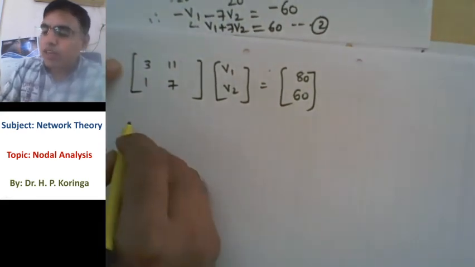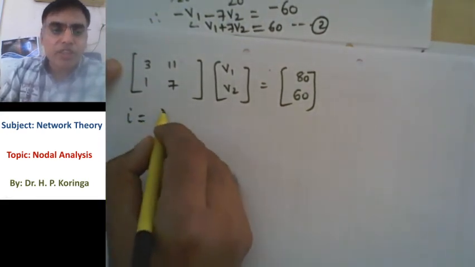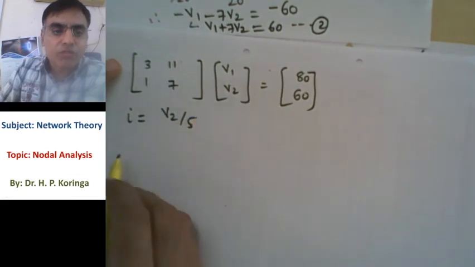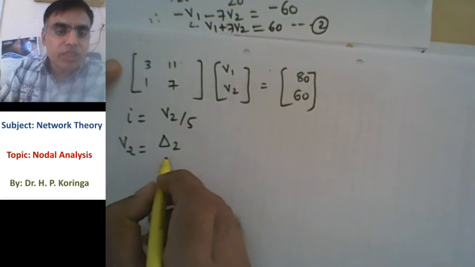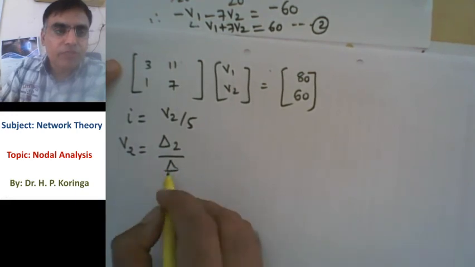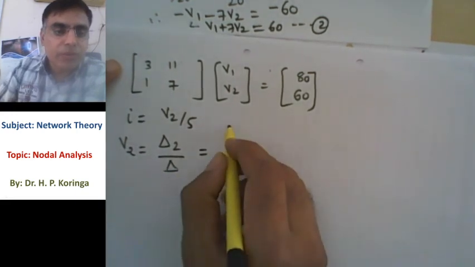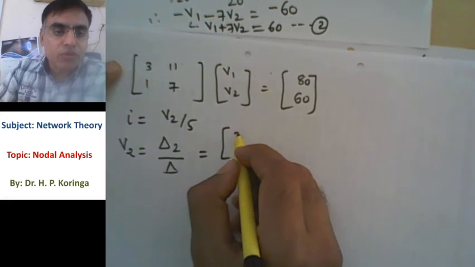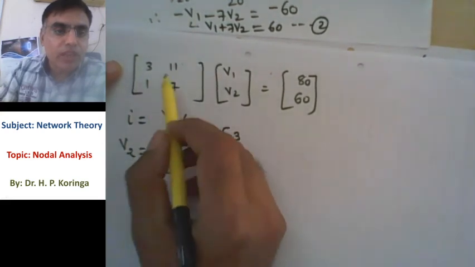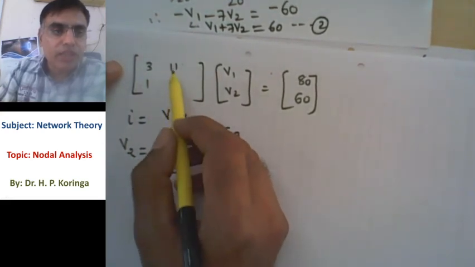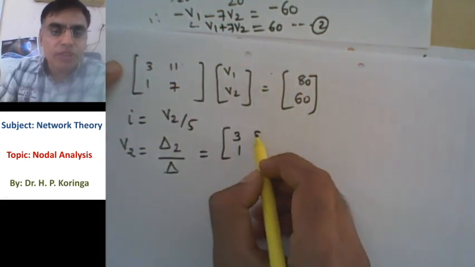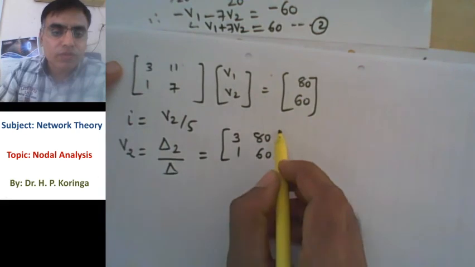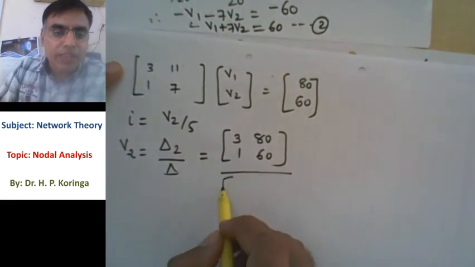Now our interest is to find I, which is equal to V2 divided by 5. So our interest is to find only V2. For V2 it is delta 2 divided by delta. So how to prepare the delta 2 matrix? We keep the first column as it is, and we replace the 11 and 7, which are the coefficients of V2, with the constants.